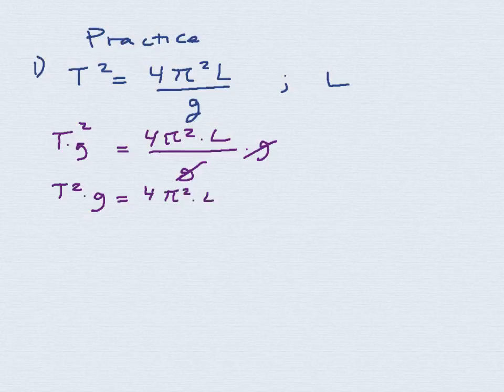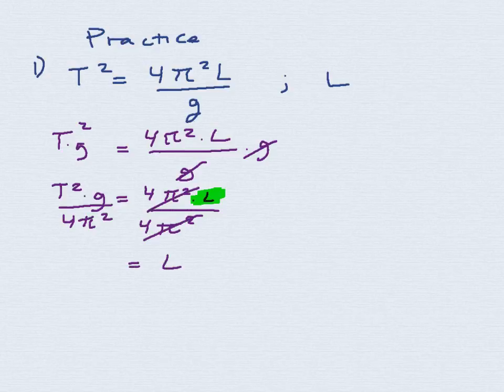And you want to solve for L. And L right now needs to get cleared away by the 4 and the pi squared. You divide, because they're all multiplied, by 4 pi squared to both sides. You haven't changed anything except the way the equation looks.